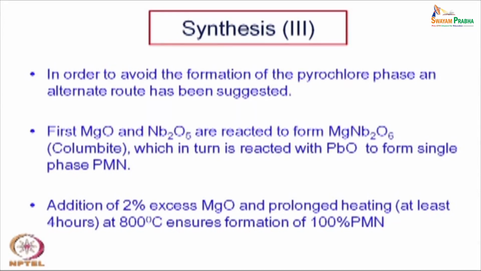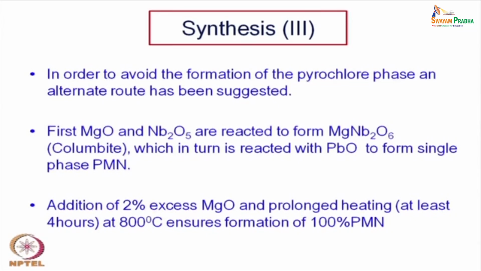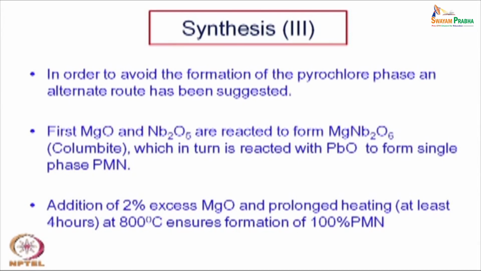So, the columbite phase, magnesium niobate, not lead magnesium niobate, which forms initially, is allowed to react with PbO so that it gets transformed to the single phase PMN.